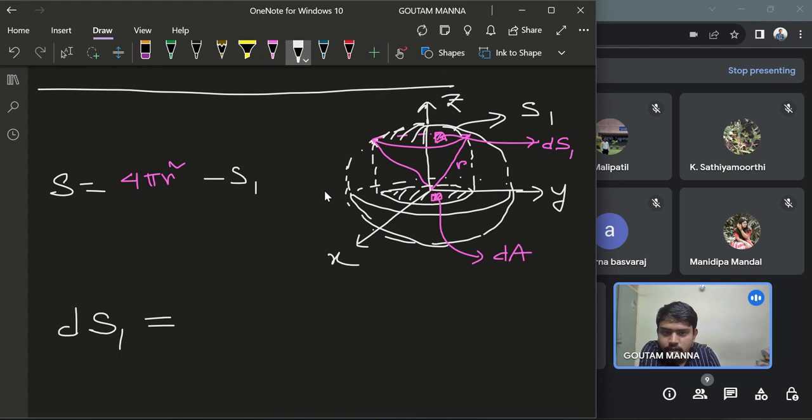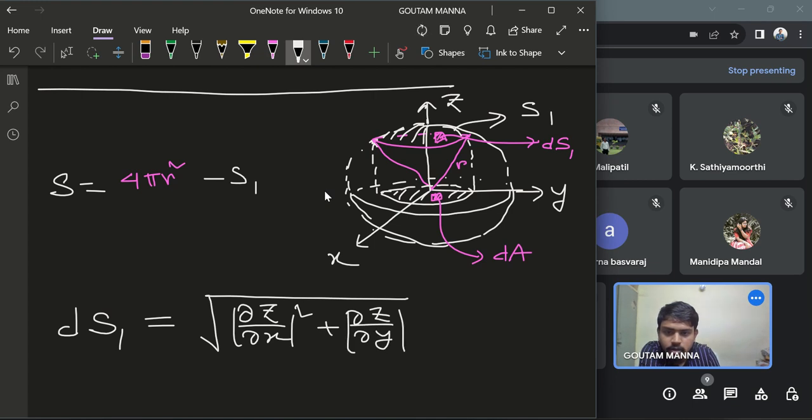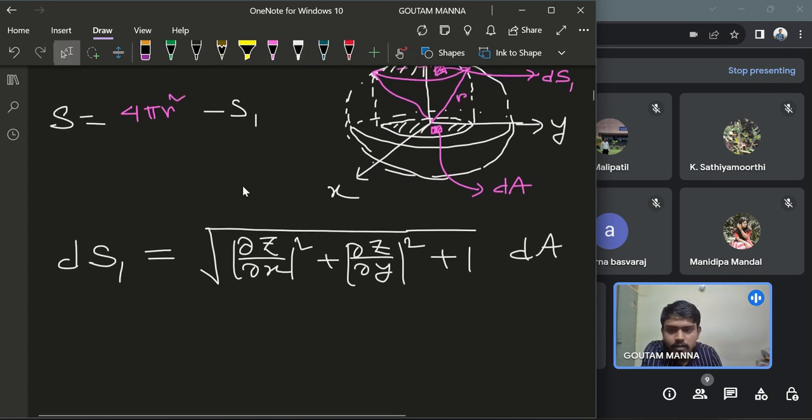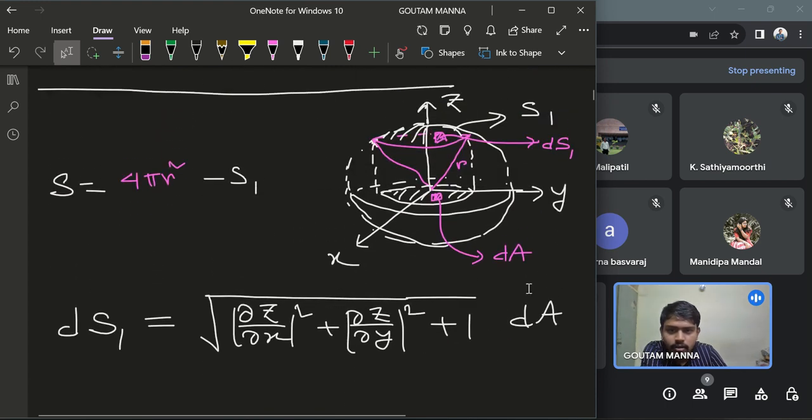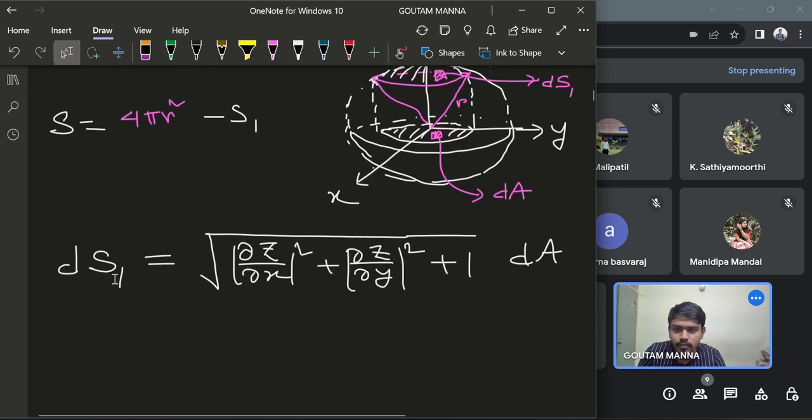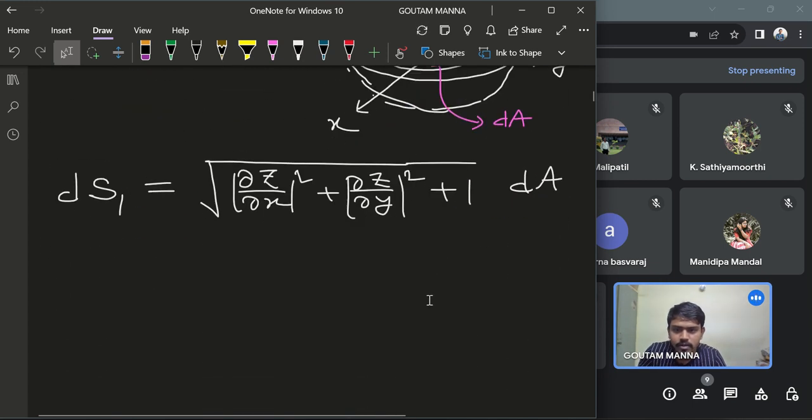So dS1 will be root under del z del x whole square plus del z del y whole square plus 1, times dA. This method is already discussed in the class. So one can use this method to get the area of this upper part. How will this be done?